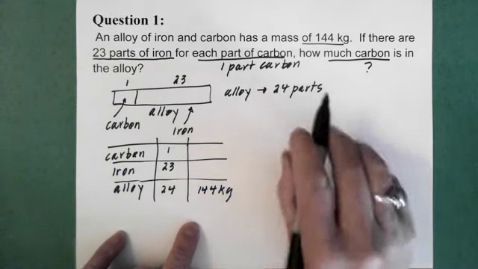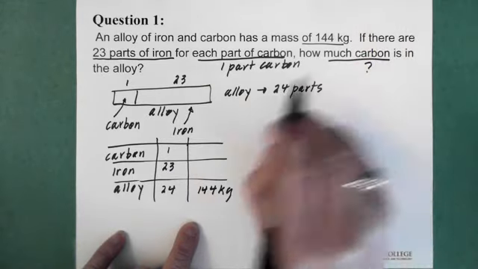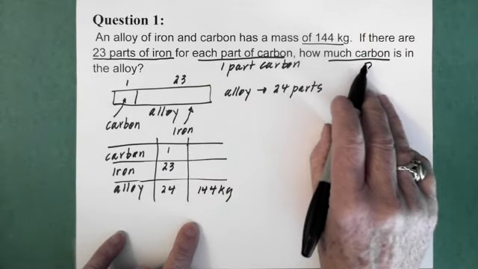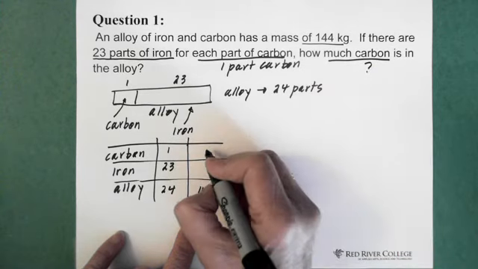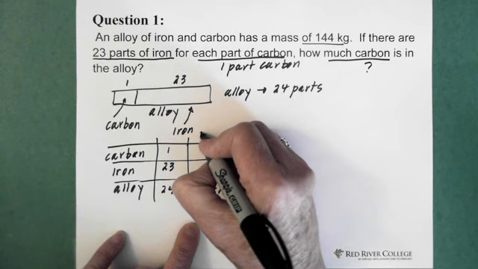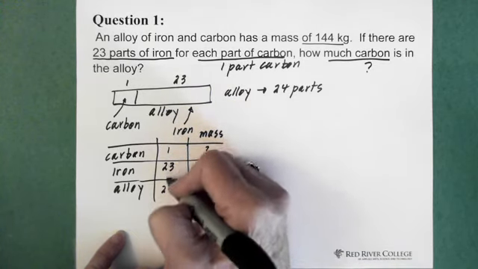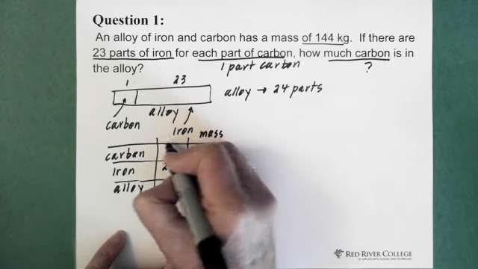So we know the mass of the alloy. We're being asked for the mass of the carbon. So this right here is what we're being asked for. This is mass, and this row here is about the parts.